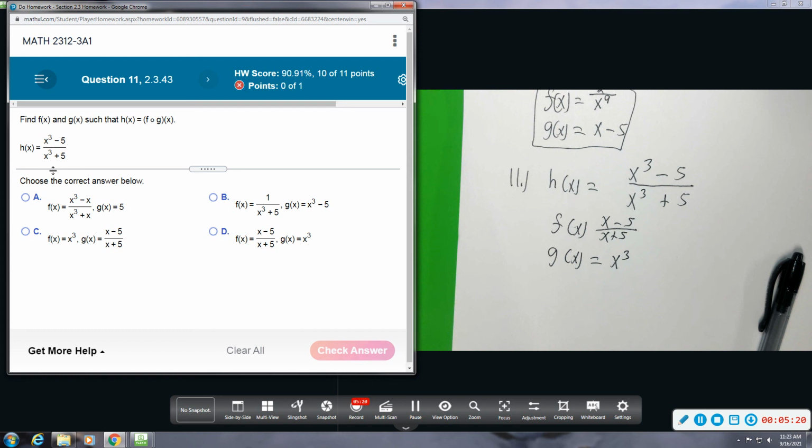Of my choices, A looks close, but if you plug the 5 in for all x's, you would not get this. C wants to cube the whole thing. That would not work. B would only plug it in there. That would not work. So D is the one that's going to match with what we put together here.